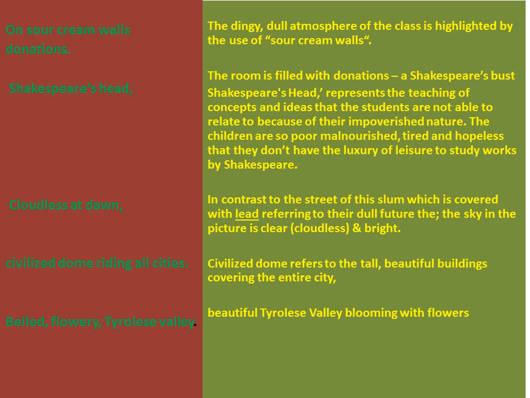So you can see here that these donations on the wall, whether it is Shakespeare's head, the picture of civilized domes or the picture of Tyrolese Valley, all this is setting a complete contrast to the sour cream walls, to the dingy or dull atmosphere of the classroom and the condition of the students.